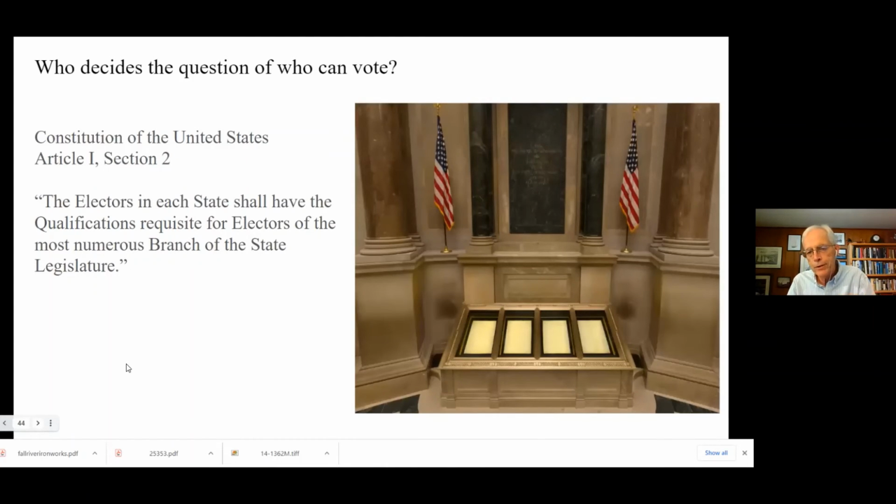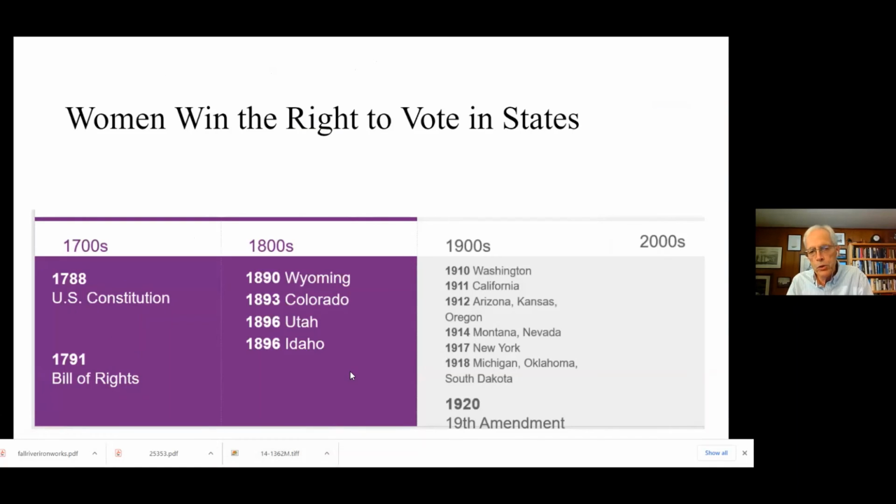But this notion of state versus federal with respect to voting is because in the Constitution, Article 1, Section 2, it says that each state shall decide who will vote in elections that happen in that state. And so in some Western states that are thinly populated, women will get the right to vote quite early.